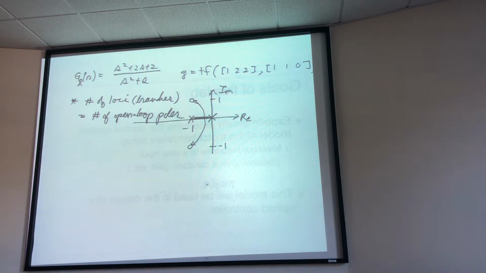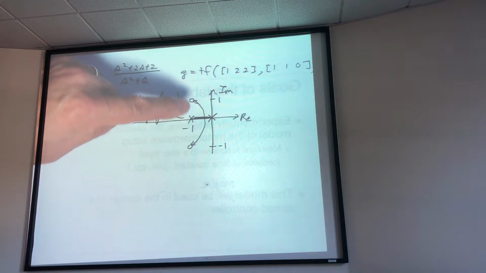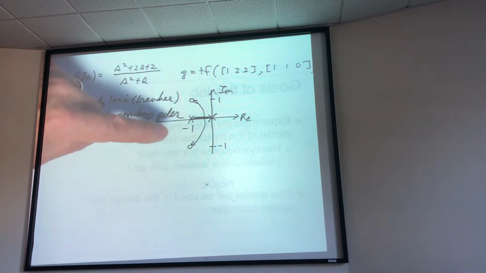The other thing that you notice is since we're dealing with complex numbers and we're dealing with physical systems, these coefficients up here in the model are all real numbers. Okay? Since these are all real numbers, the poles, any roots, they're always going to be complex conjugates. So you see the zeros were a complex conjugate pair. If we had poles that were complex, they would be complex conjugate pairs.